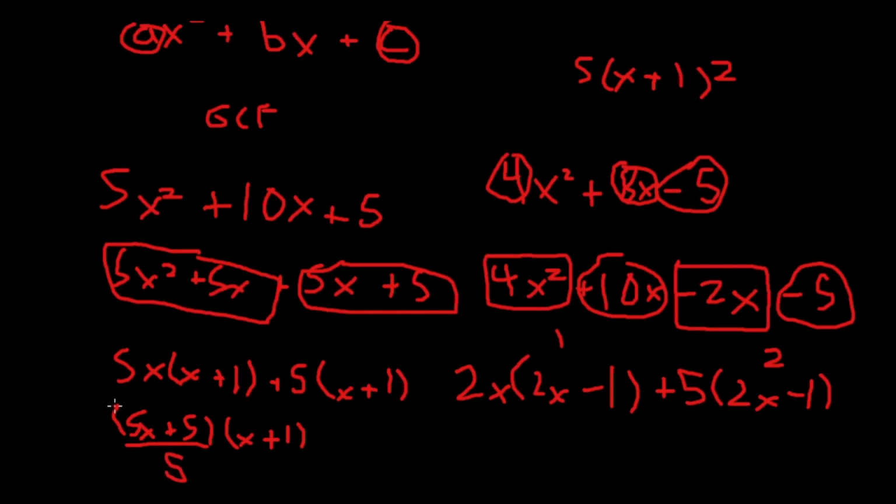And that actually just gives us 5 times x plus 1, which is 5 times x plus 1 squared.